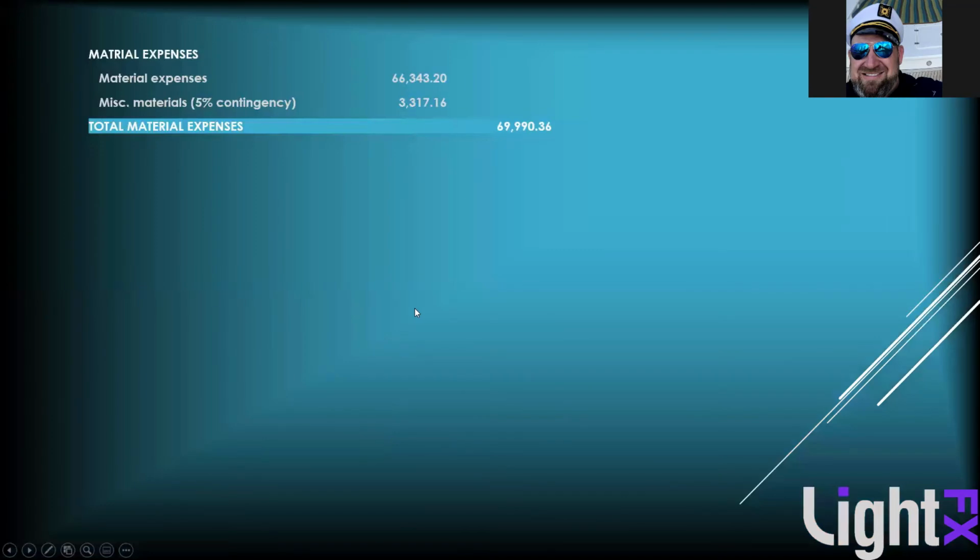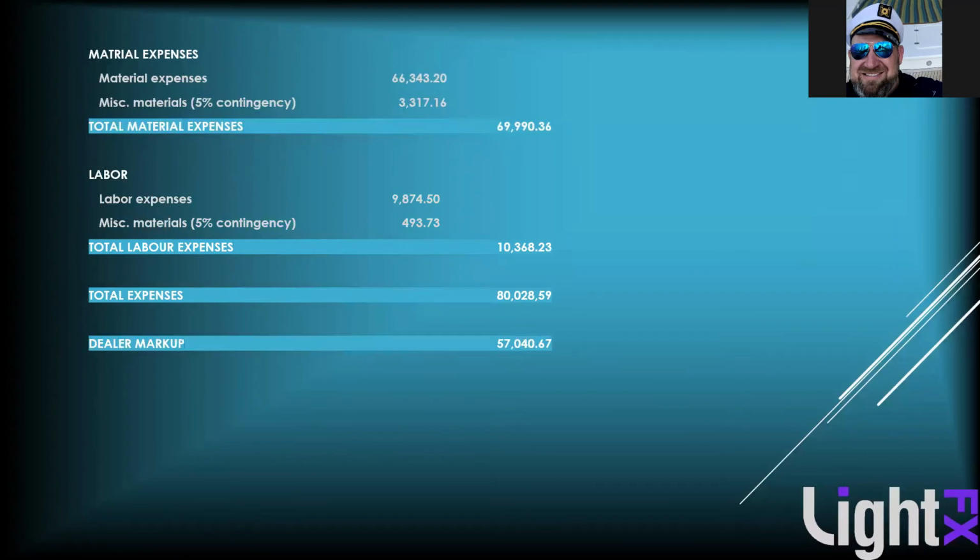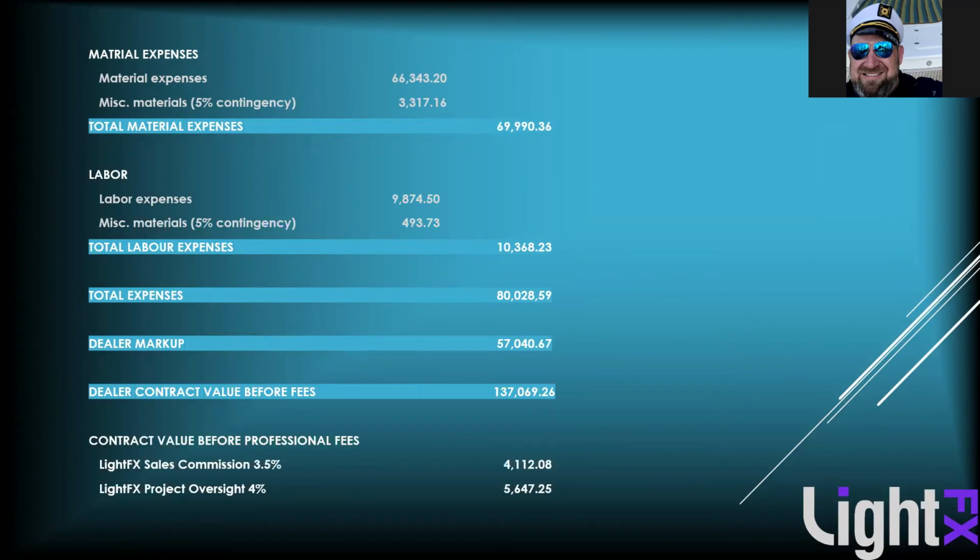Just to go through this quickly: the cost of the materials, the cost of the labor, the total cost of the expenses, then the dealer markup, and then it comes to $137,000.